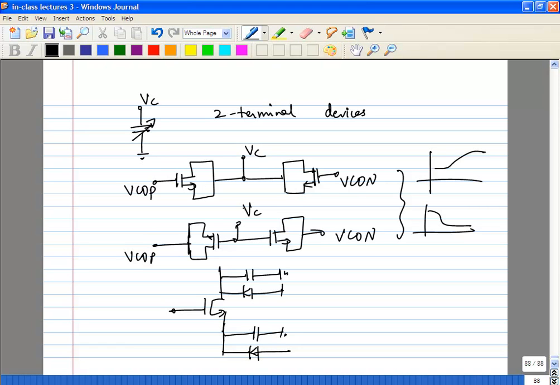And that capacitance is going to have a certain Q. So what happens in this case? In this case, you are directly connecting your VCO to that node. So effectively, any parasitic capacitance you have is going to shift your oscillation frequency and reduce your tuning range. So that is the first one against this guy. Whereas this guy is much better. You are actually connecting this to signal ground.